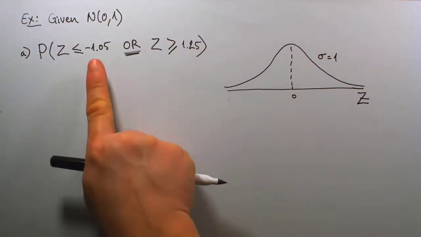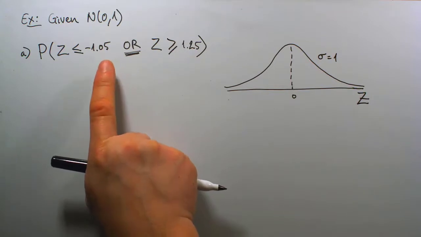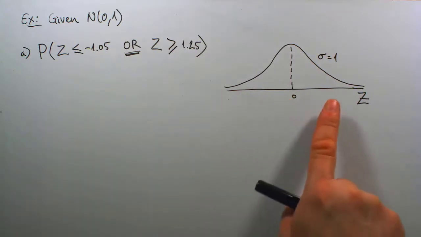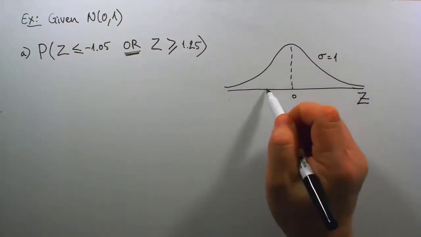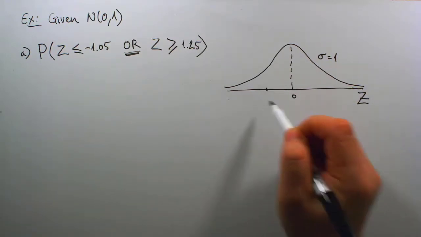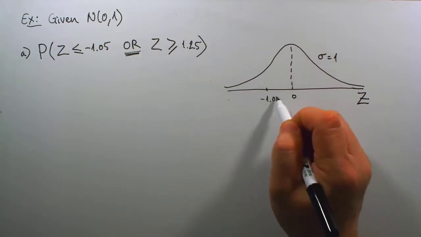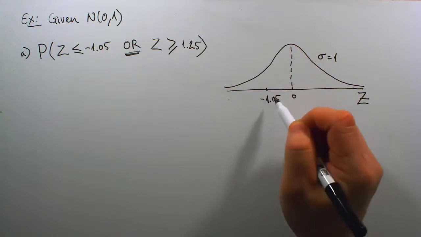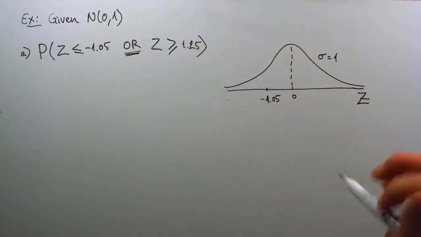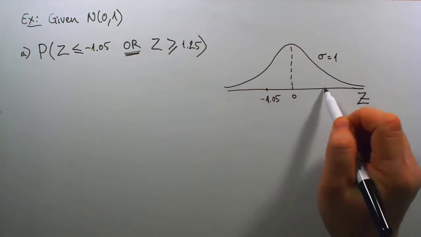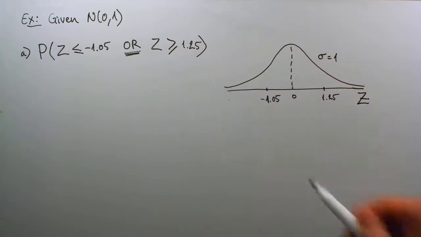As far as the picture, definitely in this problem, in order to be successful, let's first have the picture drawn right here. So negative 1.05 is a z-score somewhere to the left-hand side of the mean in the center. Forgive me if I'm off scale, but that's not the point. And then positive 1.25 is somewhere to the right-hand side of the mean.